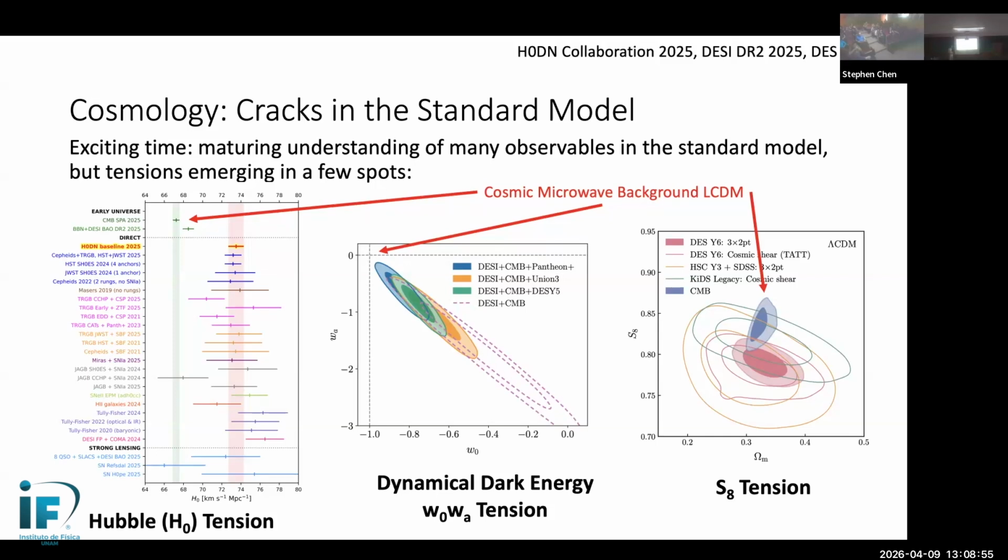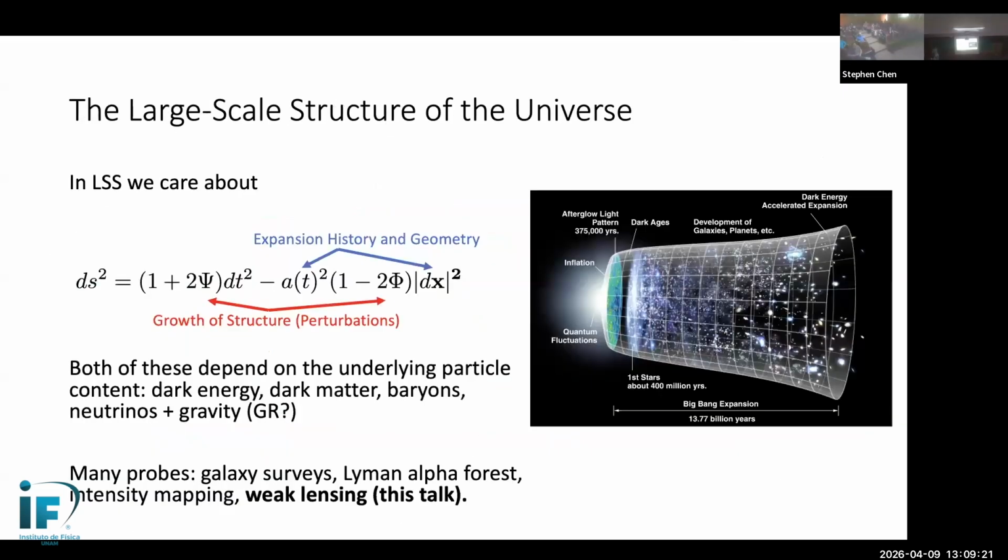And finally, we have another tension that has a bit more of a questionable level of significance, the so-called S8 tension, where the amount of matter clustering as measured by weak lensing surveys, which I'll talk about in this talk, seems to also be in some slight, maybe 2-ish sigma, discrepancy with the cosmic microwave background. So it's really quite an interesting time to be looking at precision models of cosmology to really tease out these differences.